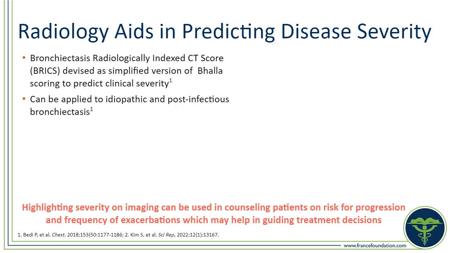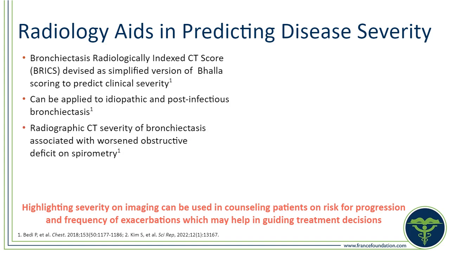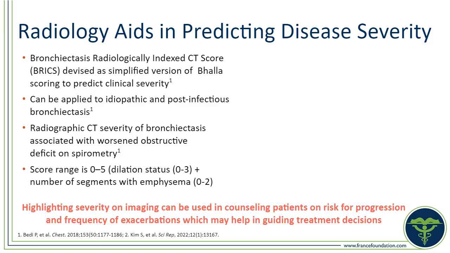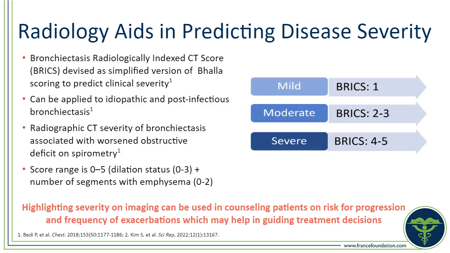This scoring system can be used in idiopathic or post-infectious bronchiectasis patients, and particularly the radiographic CT severity of bronchiectasis has been associated with worsened obstructive deficits on spirometry. The scoring can range from 0 to 5, and this is largely dependent on the dilation or number of segments that are involved.